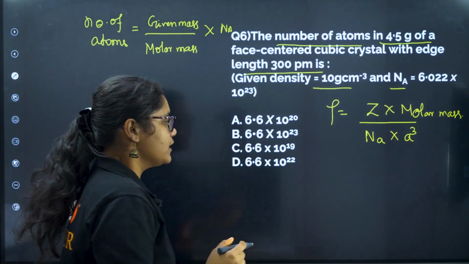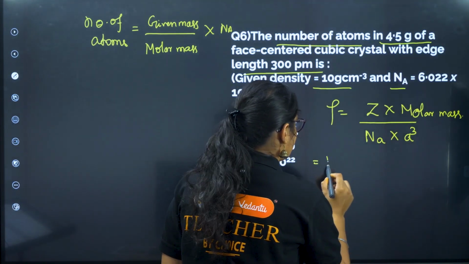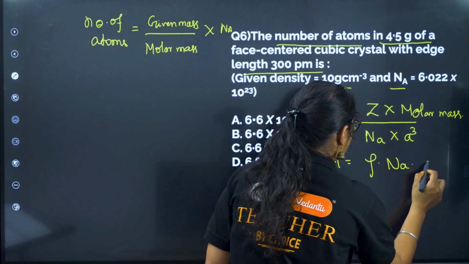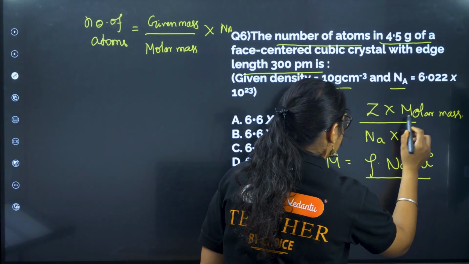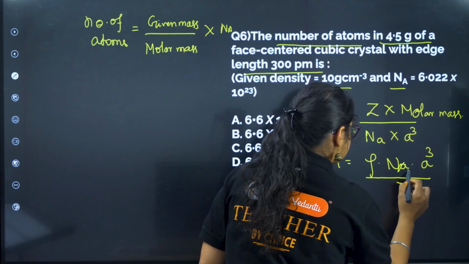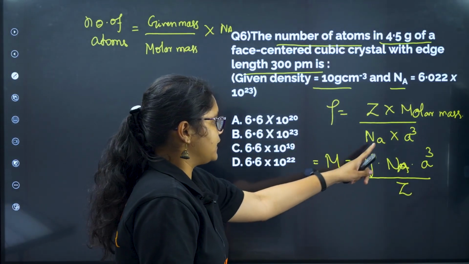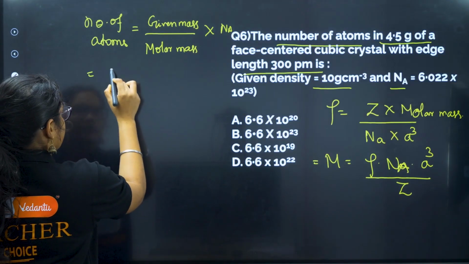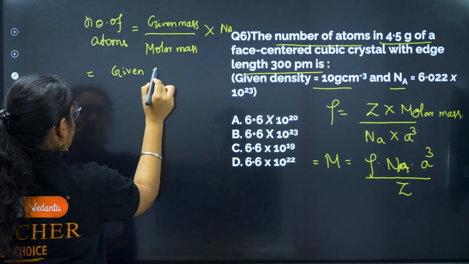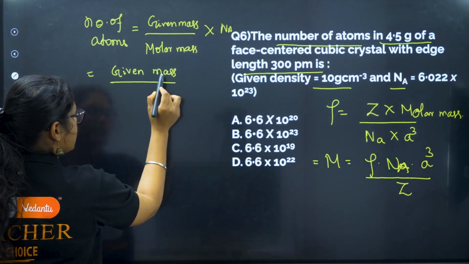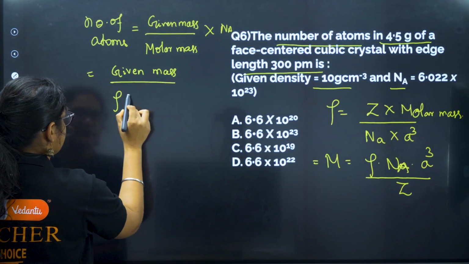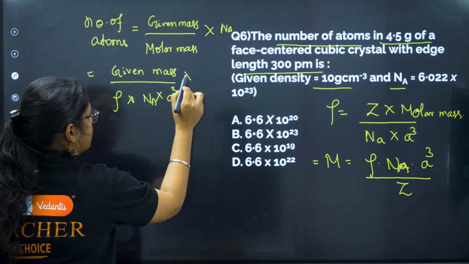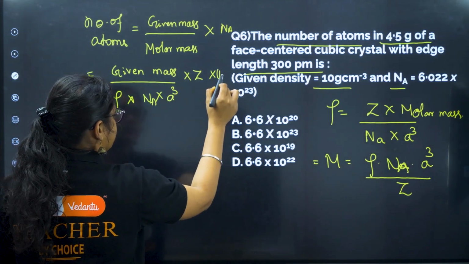So from this one, we can substitute the value of this molar mass here. So what we will get here, molar mass is equal to density Na A cube divided by Z. So density Na A cube by Z. So this value substituted here, we will get given mass divided by, in place of molar mass, density into Na into A cube divided by Z, then this Na is also there.